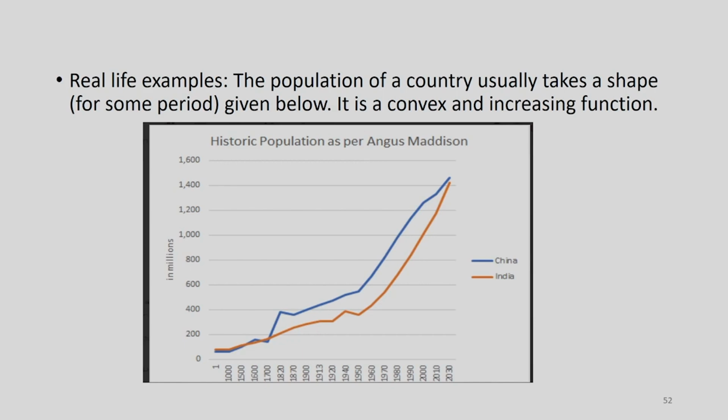Now, if you notice what is represented along the horizontal axis, the x axis, you will see that the numbers are not equally spaced. For example, in the beginning you have from 1000 AD to 1500 AD, that gap represents 500 years. Towards the right, the same gap represents 10 years.